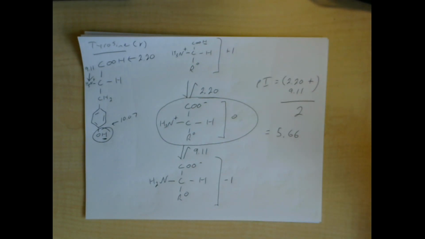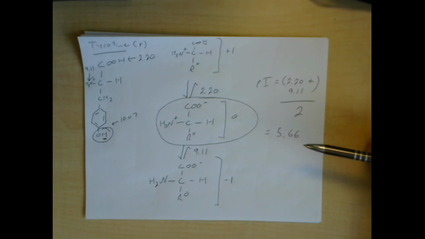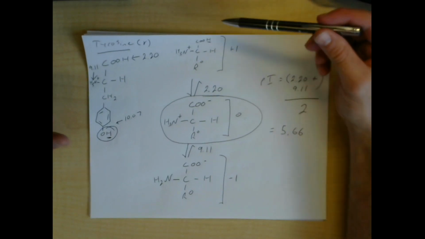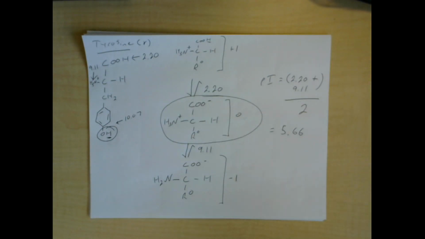Now, one thing I want to point out is that when you see, say, tyrosine in the context of a protein, in a polypeptide chain, you have condensed the alpha carboxylic acid group and the alpha amino group with adjacent amino acids to form peptide bonds.